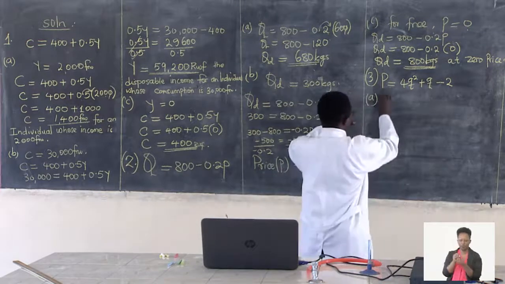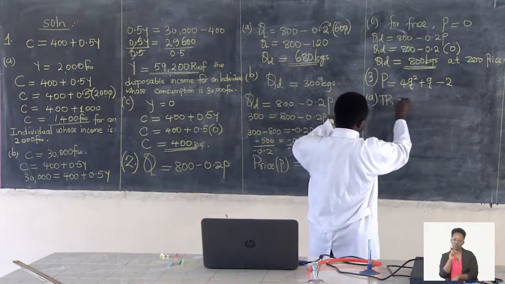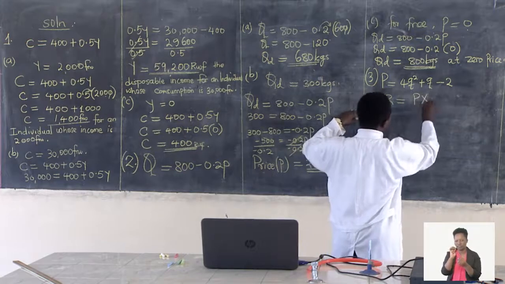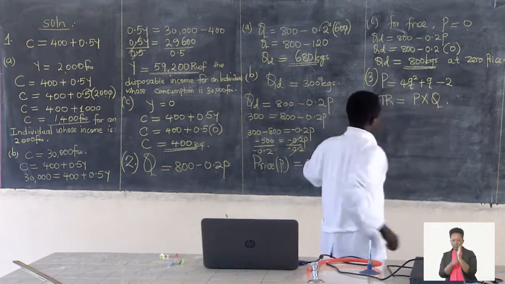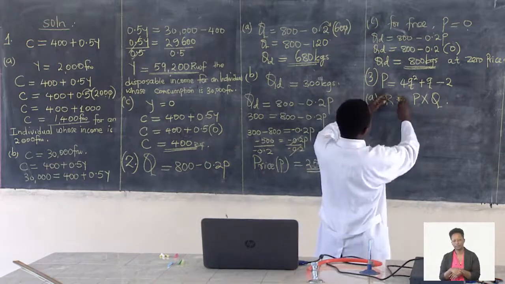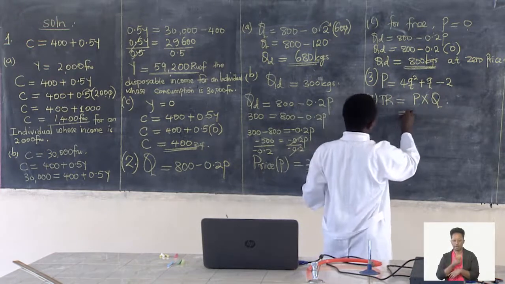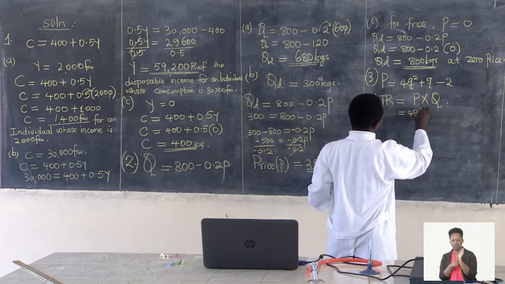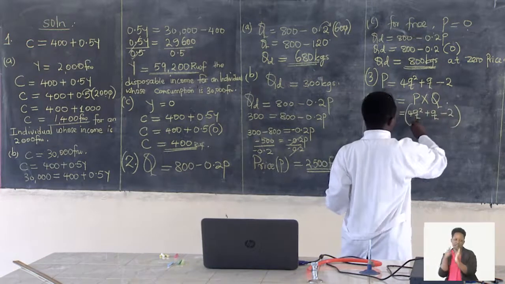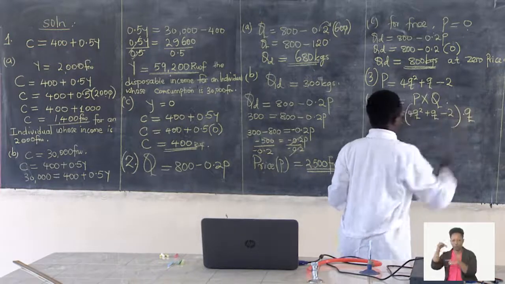To get total revenue, you take price times quantity. This is a formula. We have our price here, 4Q squared plus Q minus 2, and we multiply by quantity.